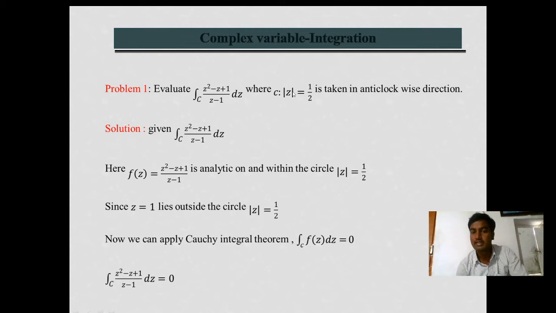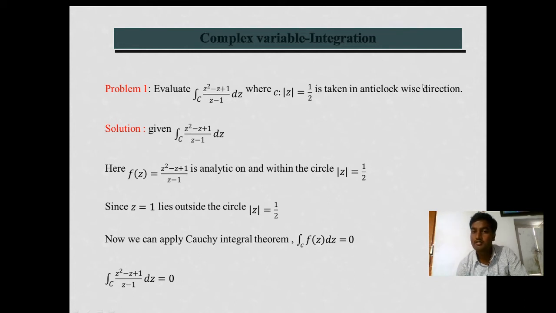Right? So the given circle is modulus of z equal to 1 by 2. It is centered at the origin and has radius 1 by 2. The singular point: f of z is not defined at z equal to 1. Therefore 1 is the singular point, and that point is outside the region, because the circle has radius 1 by 2.